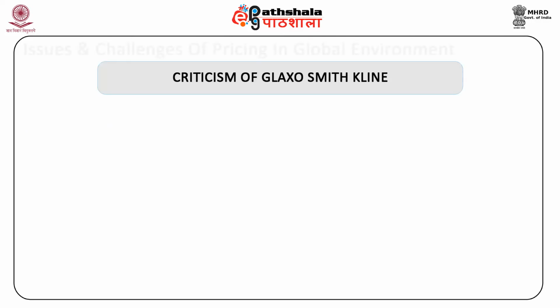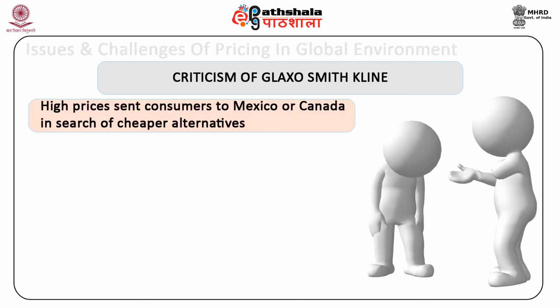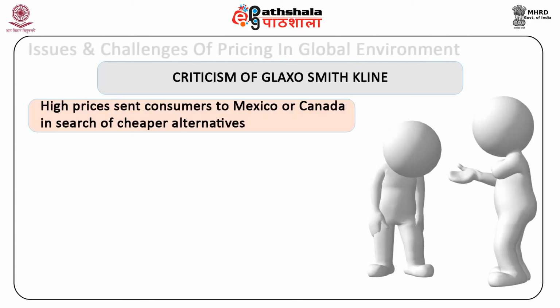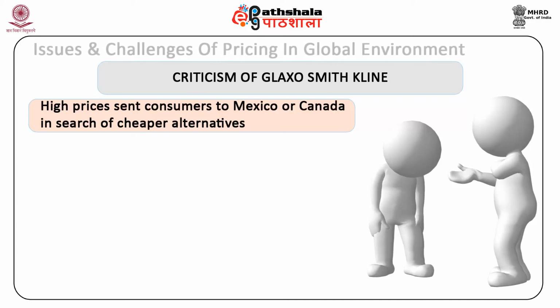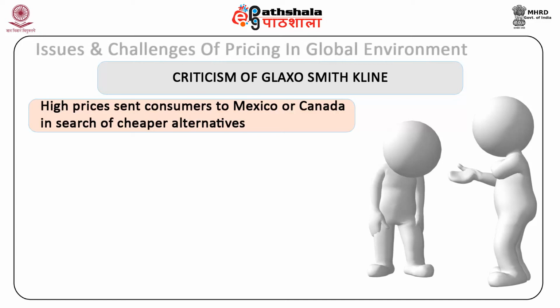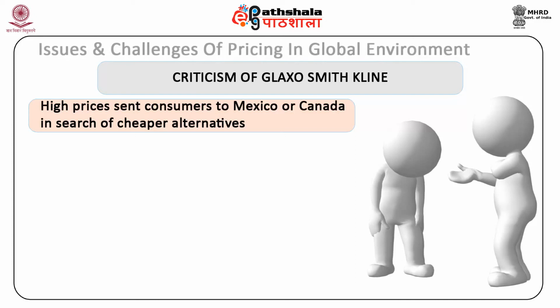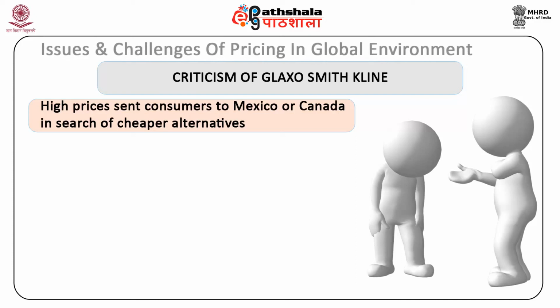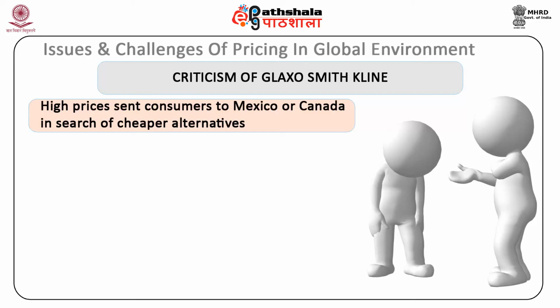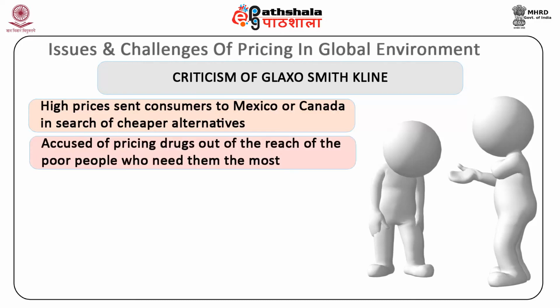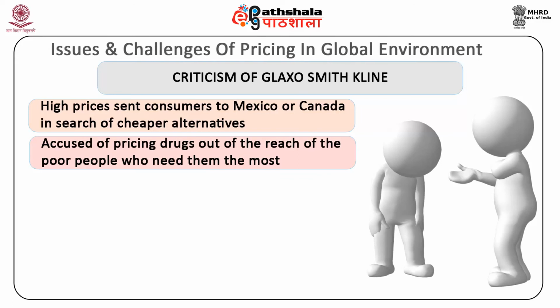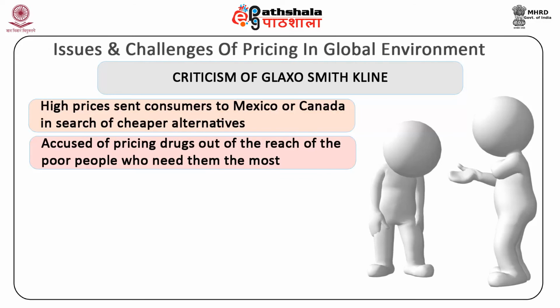Criticism. First, high drug prices have sent many consumers, especially those with limited budgets and fixed incomes, to Mexico or Canada in search of cheaper alternatives. Second, GSK has been accused of pricing drugs out of the reach of the poor people who need them the most.